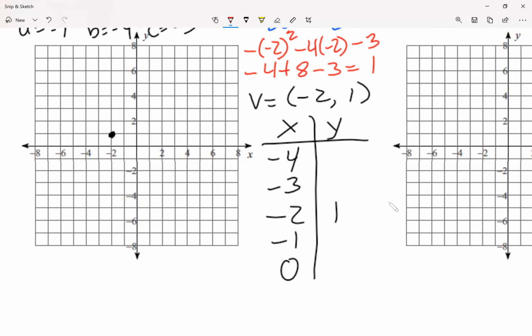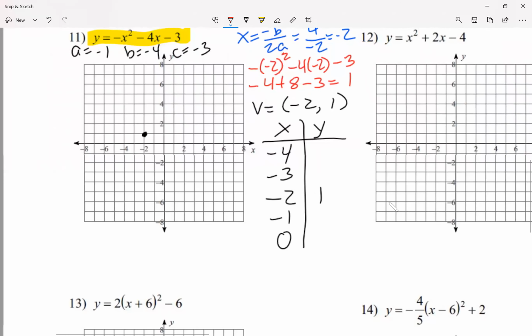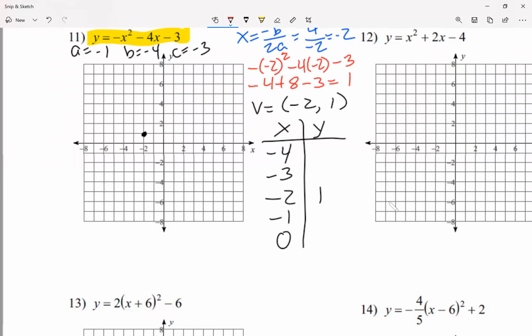Let me zoom out so I can see the whole equation. So, let me find coordinates when x equals either -3 or -1. I'm going to use -1. So I'm going to say there's a negative inside parentheses -1 squared minus 4 times -1 minus 3.